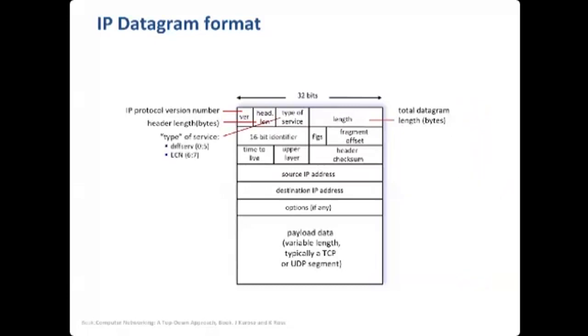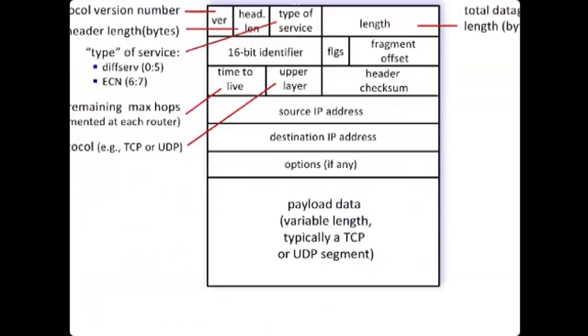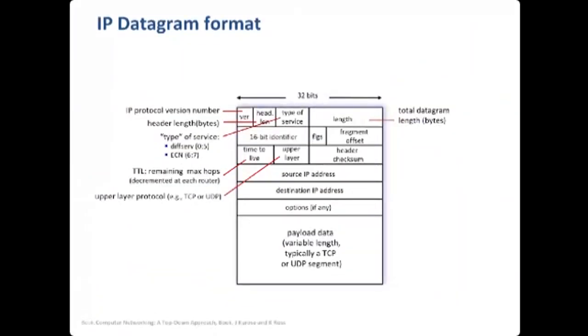Type of service: we can define various types of service, such that the packet should be given priority, like DiffServ, etc. We will not get into it. What is the length of the header? All these fields, which are metadata, what is the length of that? That's given in the length field. And then we have time to live. A packet cannot remain in the internet for many years or many minutes or many days.